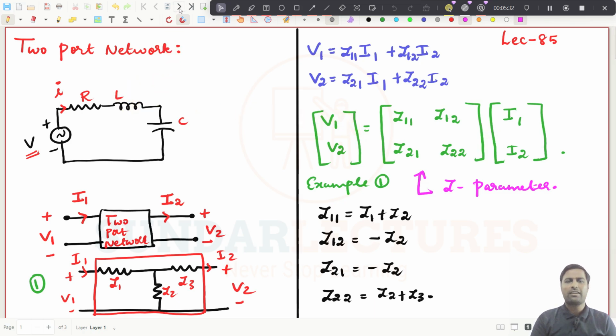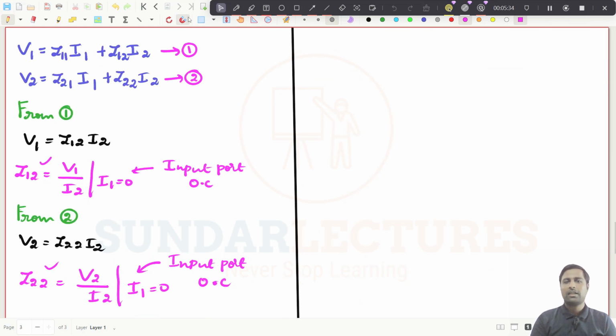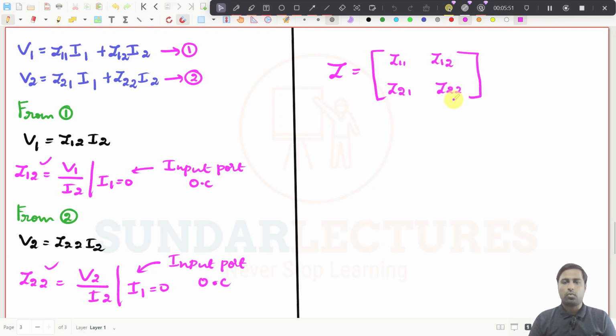Now one can tell me that, see, this is the Z parameter, so I will write it now. The Z matrix can be written as Z11, Z12, Z21 and Z22, right? Now this is called the Z parameter, and we know how to find the values of Z11, Z12, Z21, Z22.